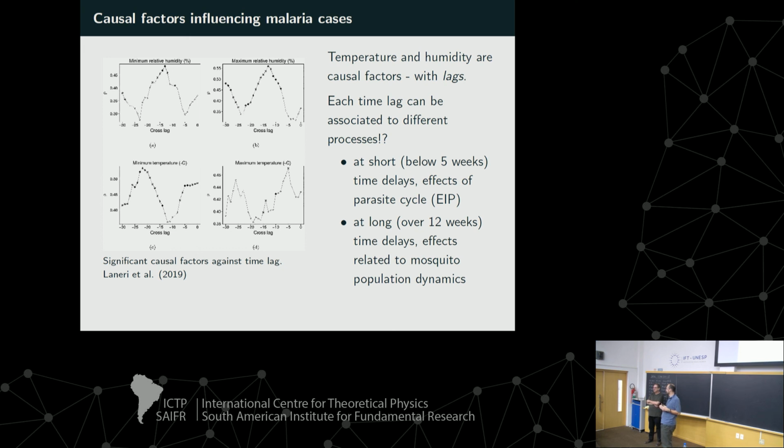I wonder if that varies with time as well, because when you get down to low levels, it's not local transmission anymore, but more like random introductions from imported cases.